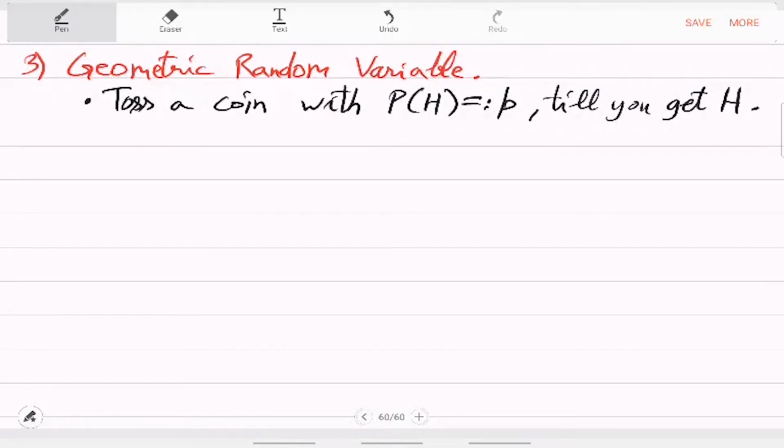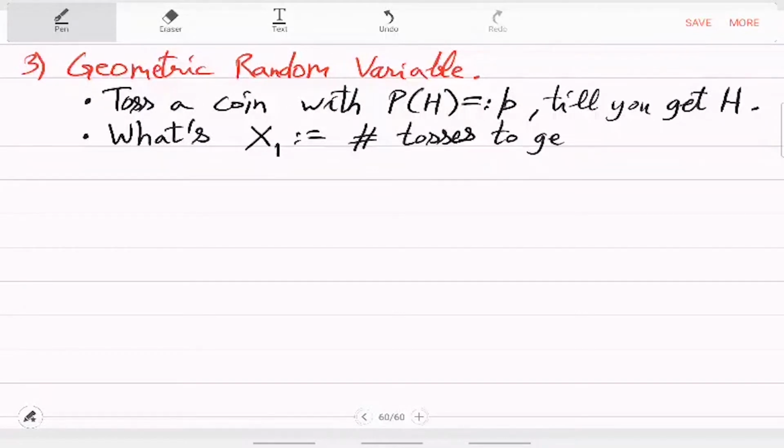You keep tossing it till you get a head. Now, what is the number of tosses? I will call it x1, the number of tosses to get a head. That is the random variable of interest.